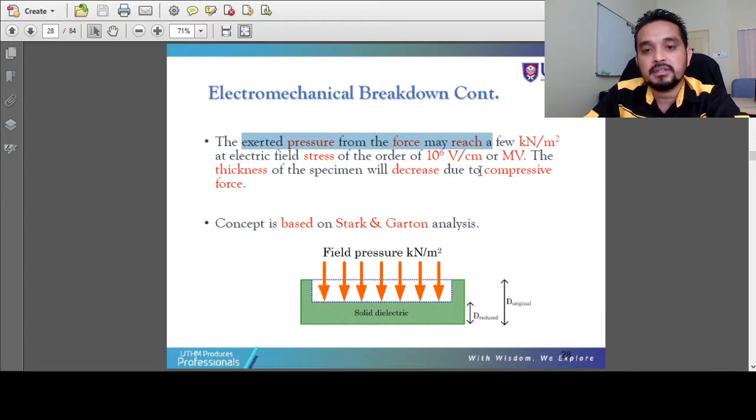The specimen will decrease due to the compressive force. Originally, the solid dielectric is this size, but with the field pressure, it shrinks in size. The distance is, for example, 10, and it is reduced to 5, or for example 6, due to the compressive pressure.